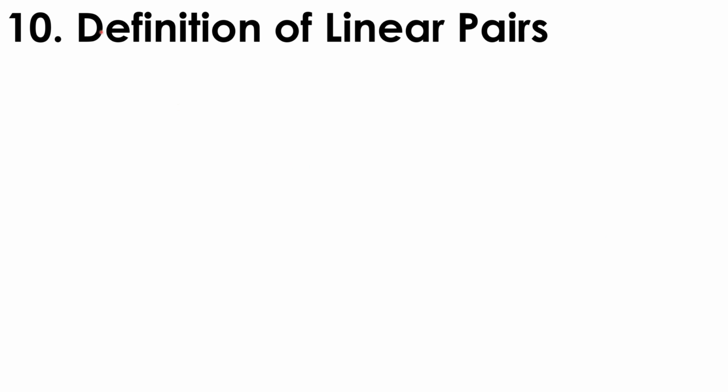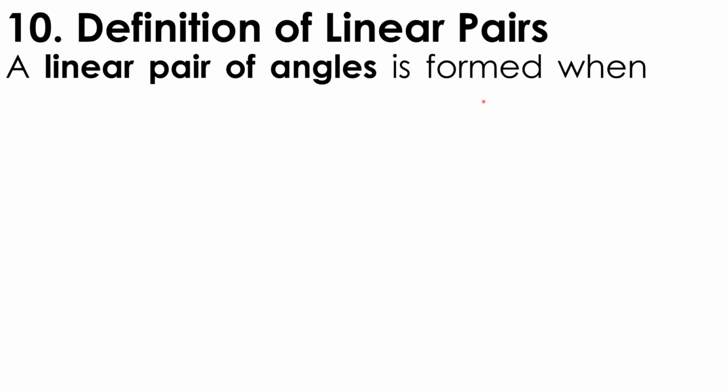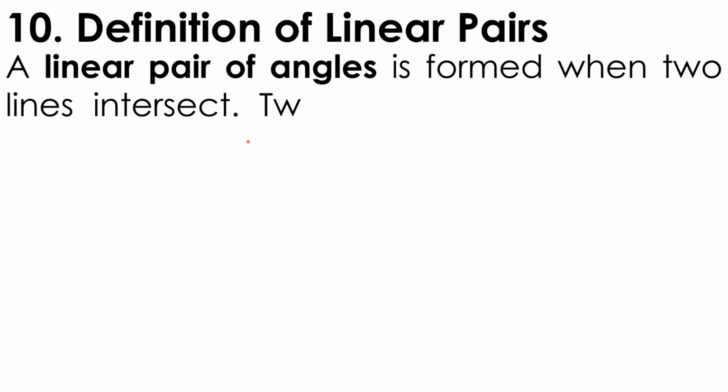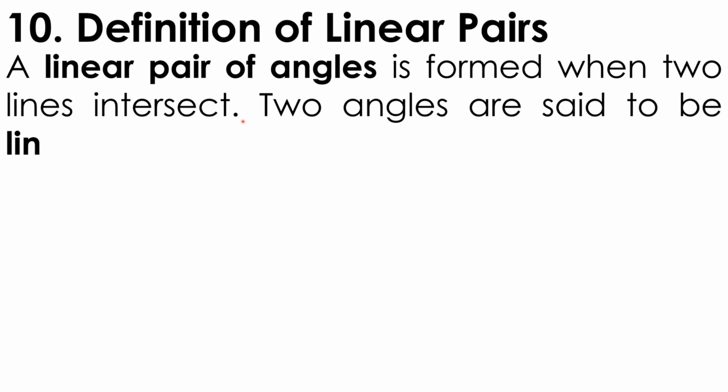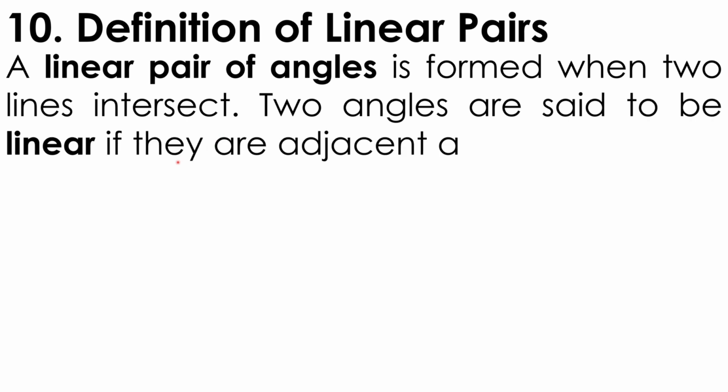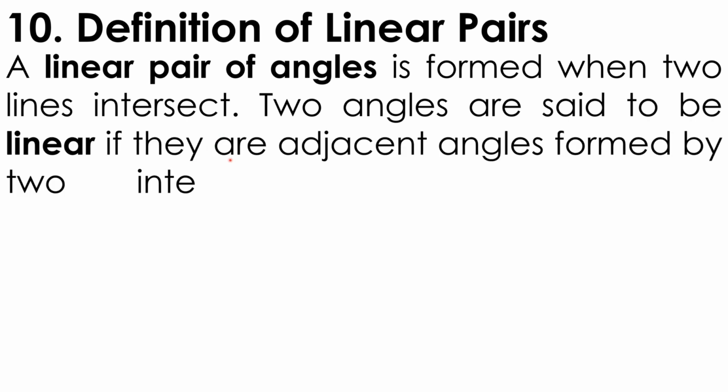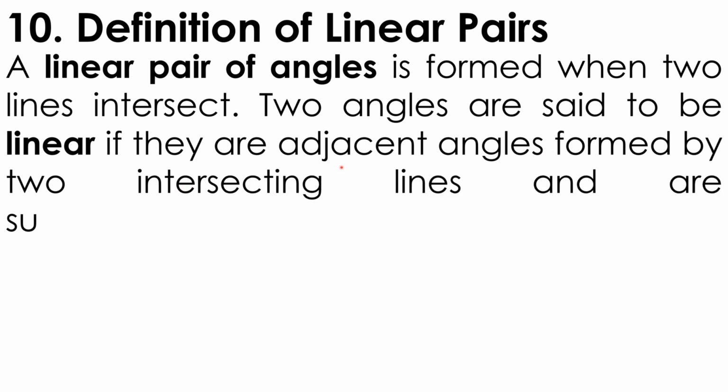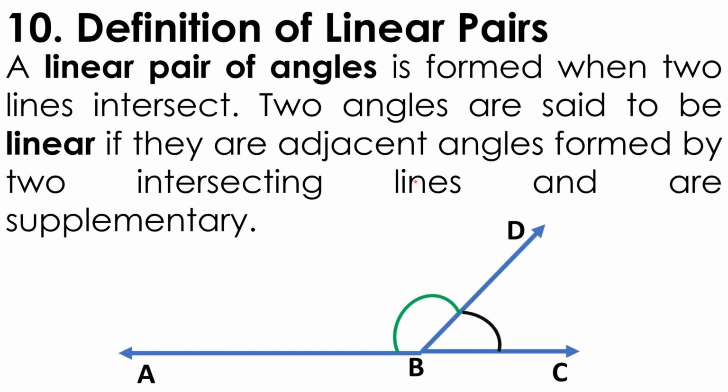Now, let's proceed to the definition of linear pairs. A linear pair of angles is formed when two lines intersect. Two angles are said to be linear if they are adjacent angles formed by two intersecting lines and are supplementary. So we have here the figure.